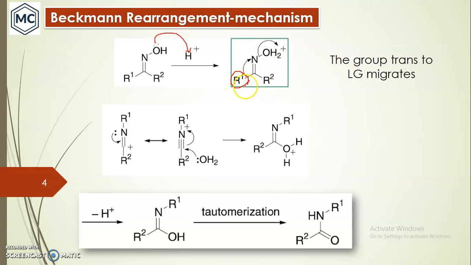Usually the group trans to the leaving group will migrate, and here you can see that the hydroxyl group is in this direction, so the opposite group is this R1, and R1 gets migrated to the electron deficient atom.